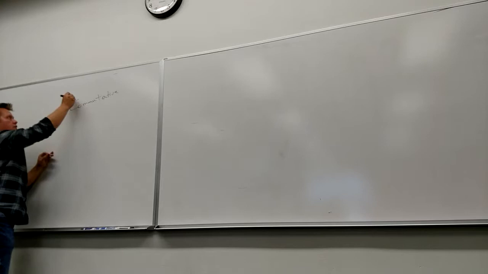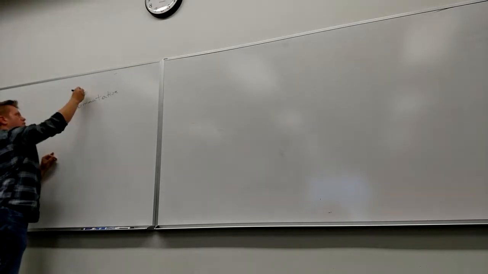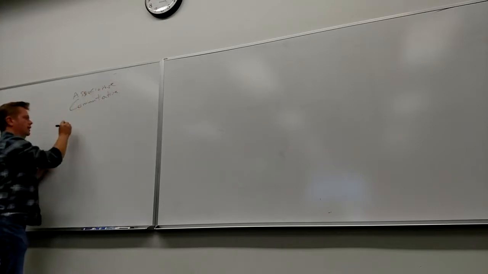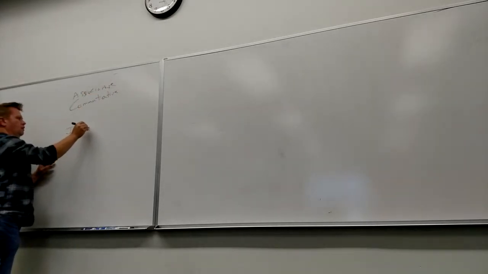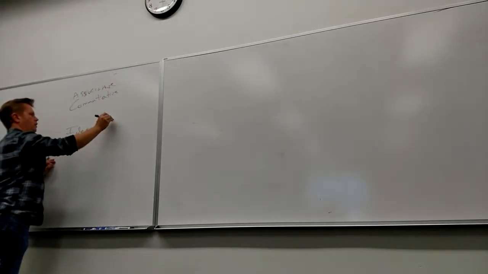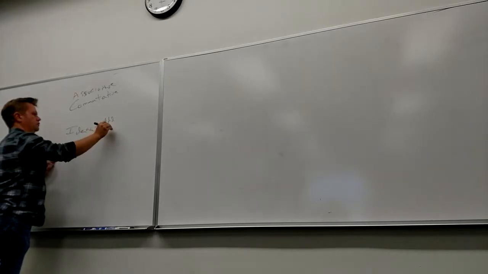Which ones do you guys remember? Commutative. All right, I like that. Commutative, right? We're not going back to the 70s communes. It's not commutative, it's commutative. Identity property? All right, so associative. Got it. And then you got identity, additive and multiplicative, right?